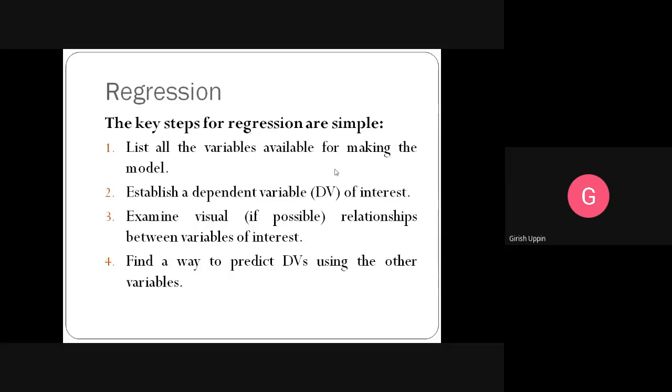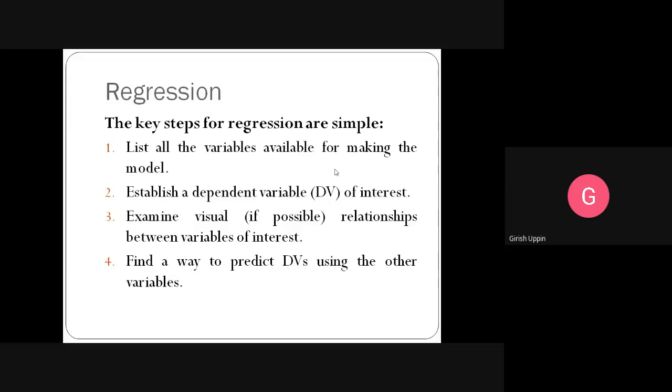And if you are predicting a sales figure, then that sales figure is the dependent variable. So we have to establish what variable we are predicting, and that variable will become the dependent variable. And we should examine the visual relationship between the variables of interest.